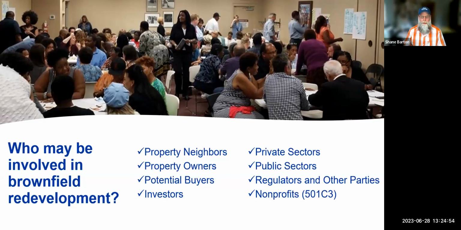Obviously the property owners, whether that's a public entity or a private entity, the property owner is a critical component in a brownfield redevelopment process. Many of the programs have to be approved by the property owner. For example, if we come and do a site visit to look at these properties, we can't access those properties without their consent.